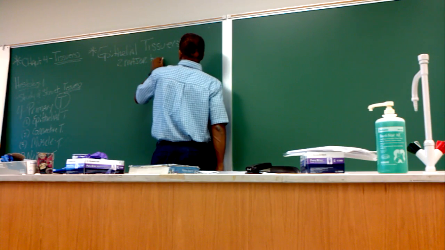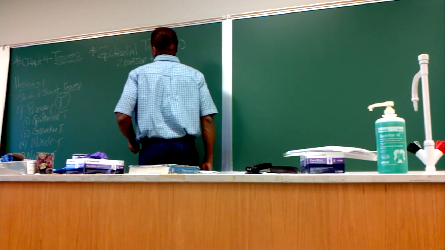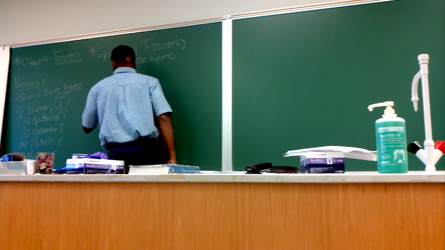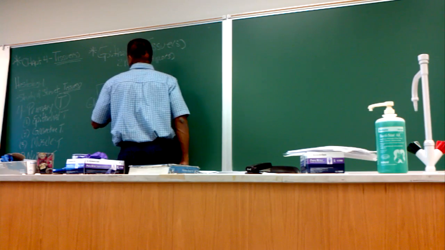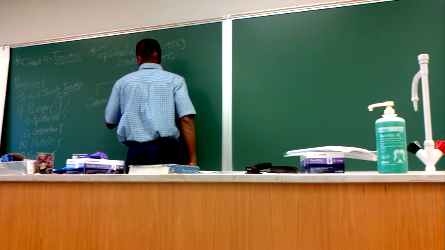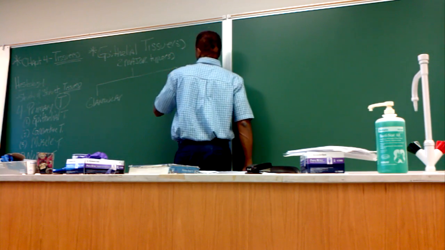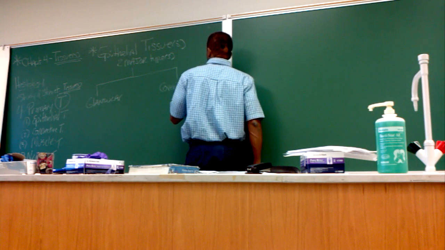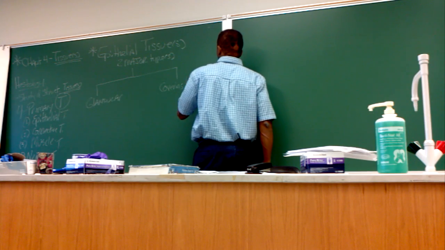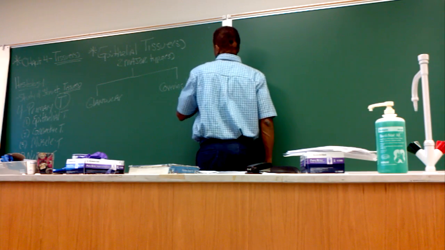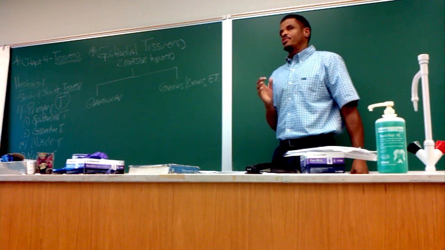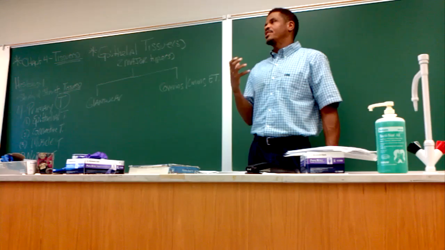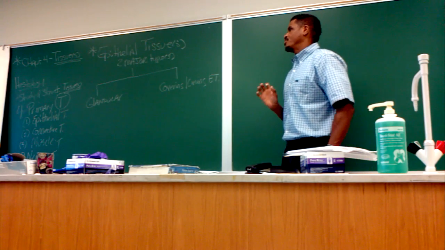We have that of the glandular epithelial tissue, and then we have what we call the covering and lining epithelial tissue. So we have the two broad categories: glandular epithelial tissue, and then covering and lining epithelial tissue.